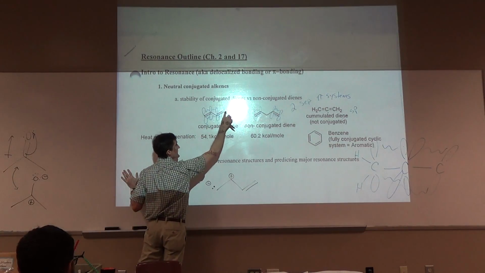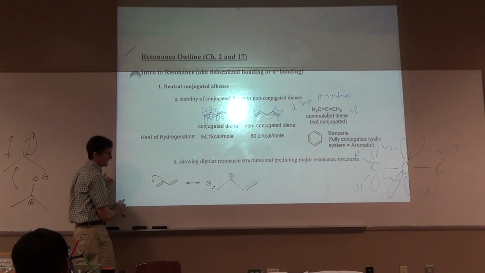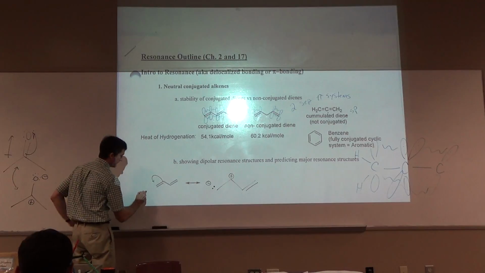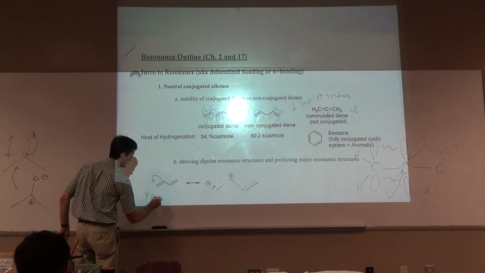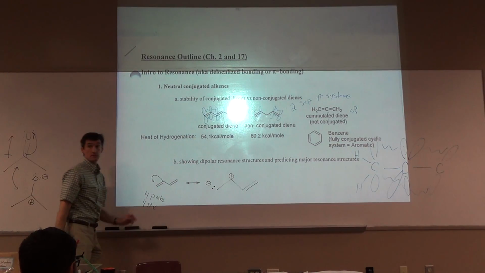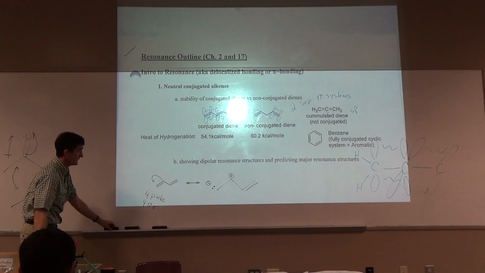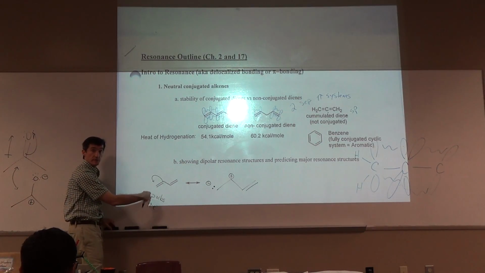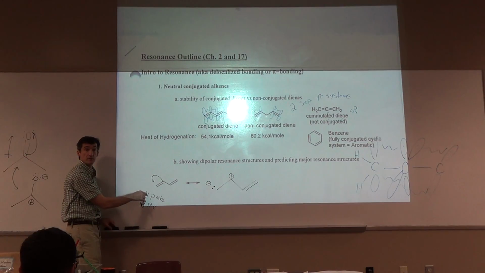It's just like here, except for not the methyl. And 4 pi electrons. Four p orbitals and 4 pi electrons, because each p orbital contains 1 electron. Okay? We did this type of thing during test 1 though, didn't we?